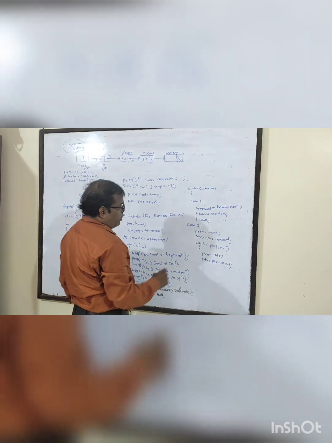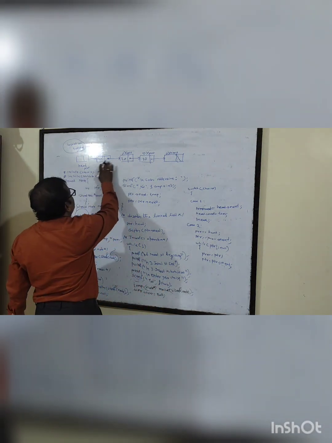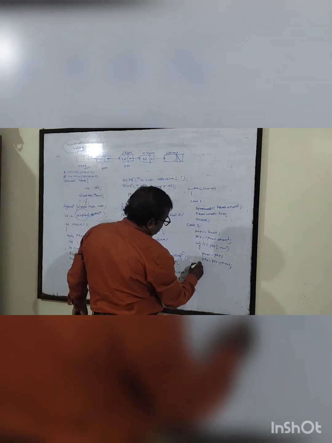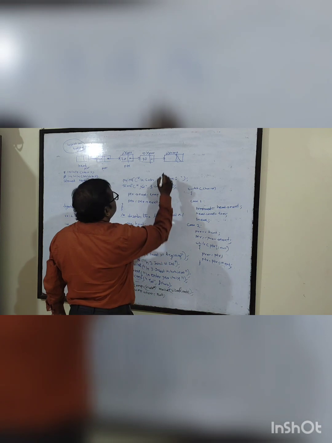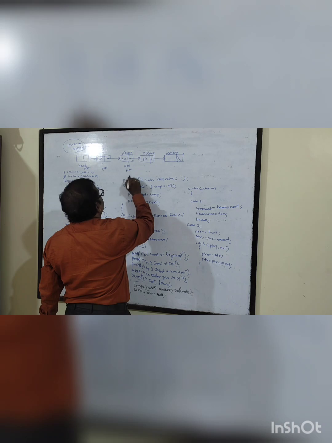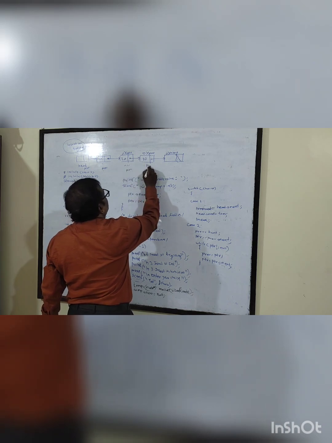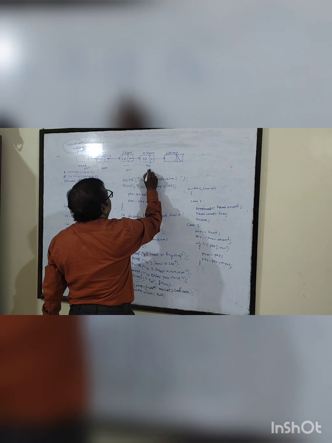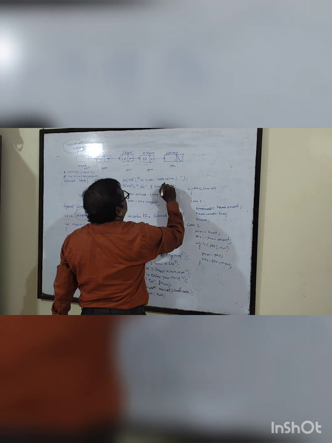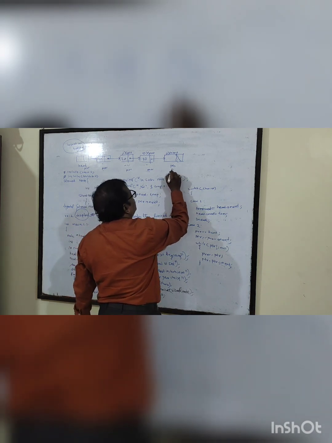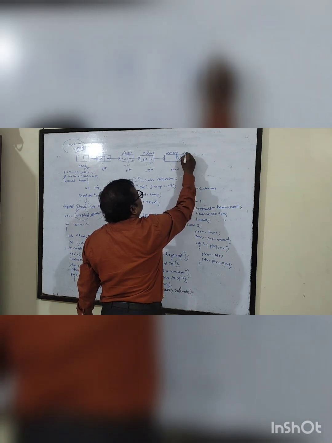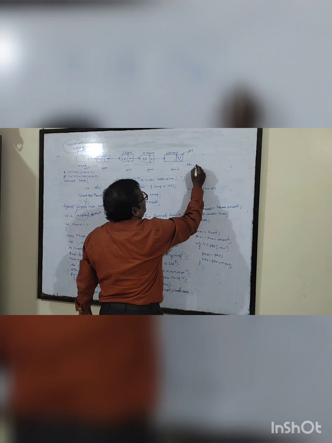So PTR will come over here and the loop will go on. Next time this will be previous and this my PTR, and finally this will be previous and PTR equal to null.